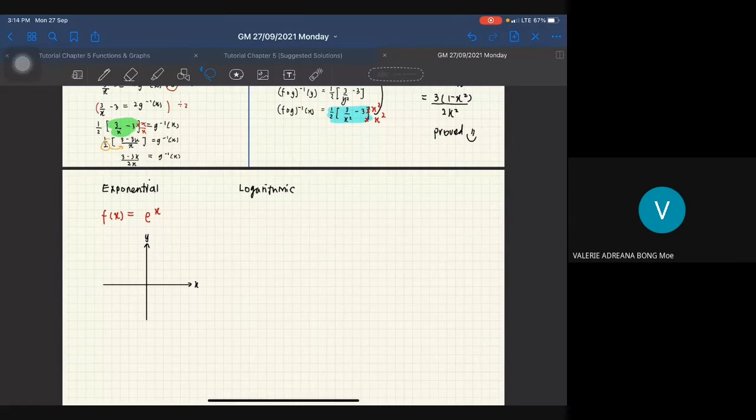Okay, so basic shape dia, awak ingat macam ni. So kalau exponent, sekarang dia adalah E kan. So E punya bentuk dia macam tu. Awak bayangkan dia ke sana. Okay, so maksudnya untuk exponential function, awak punya basic shape dia mesti ada horizontal asymptote. Sebab dia ke sana tanpa henti.